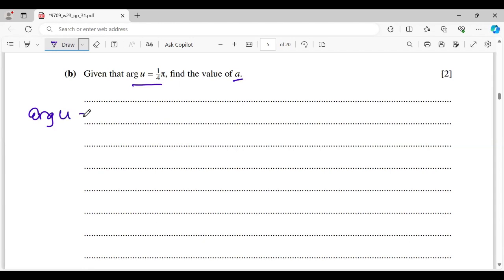Argument u equals 1 over 4 pi. So it means tangent u equals 1 over 4 pi. I will explain first here that if tangent u equals a complex number with an imaginary part and a real part.